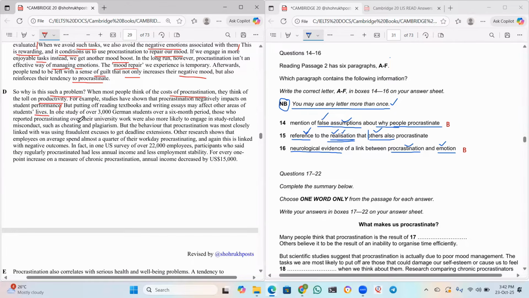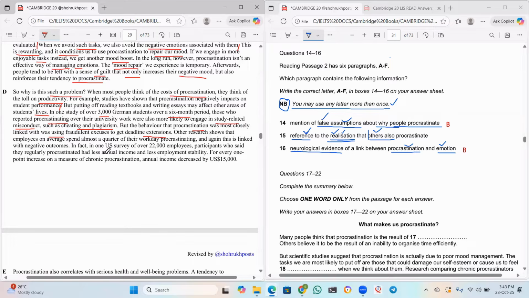In one study of over 3,000 German students over a 6-month period, those who reported procrastinating over their university work were also more likely to engage in study-related misconduct, such as cheating and plagiarism. But the behavior that procrastination was most closely linked with was using fraudulent excuses to get deadline extensions.